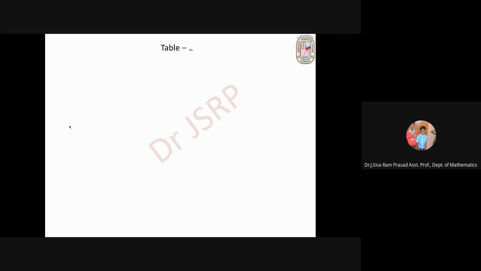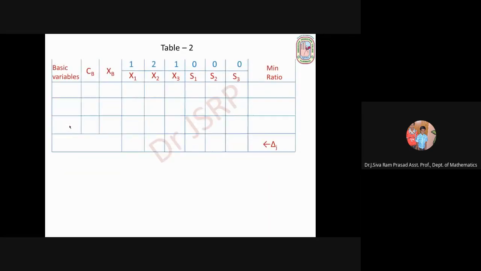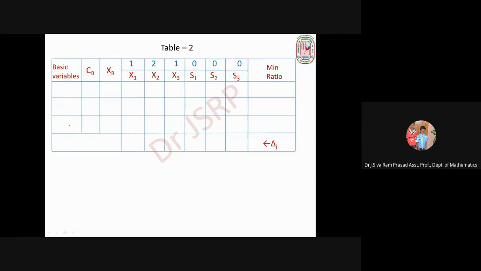Okay. Next, table 2. Same structure. All these headings remain the same.